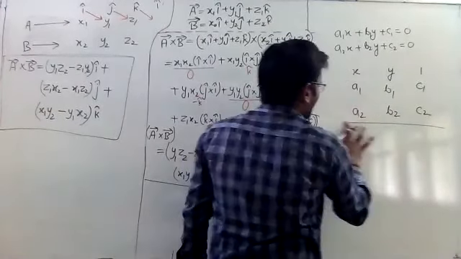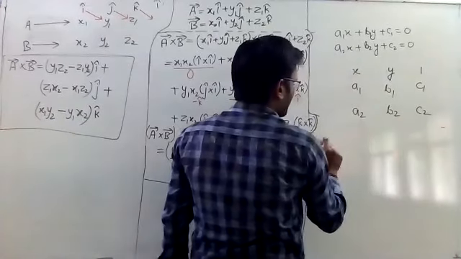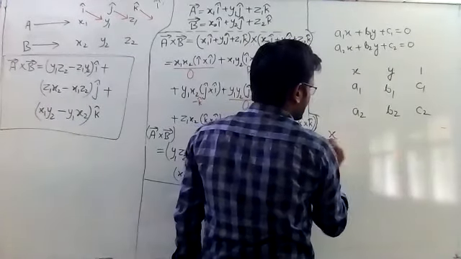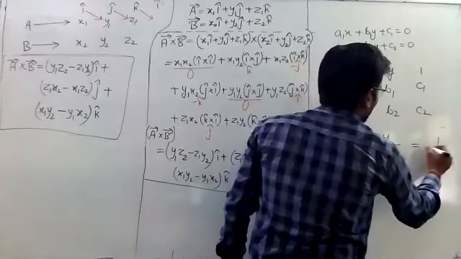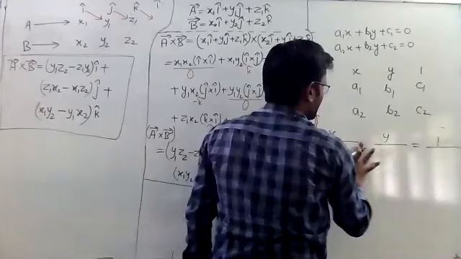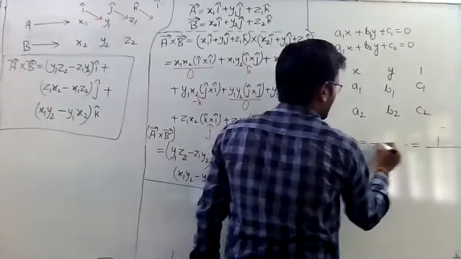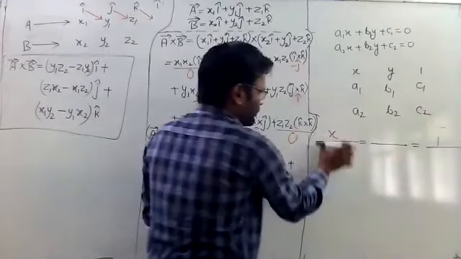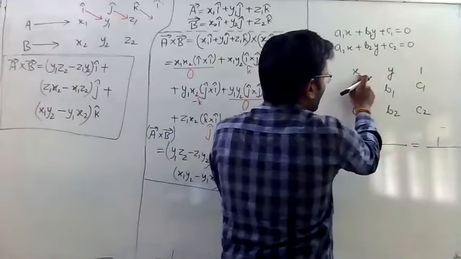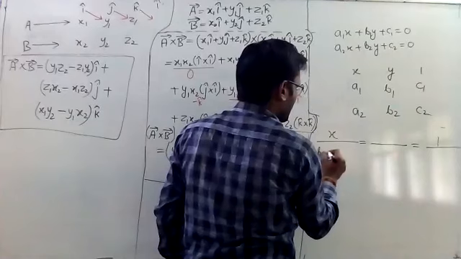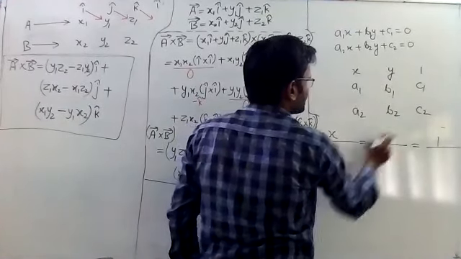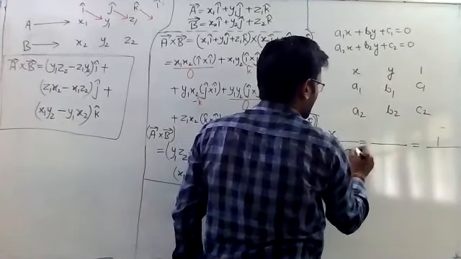From these coefficients, what did you obtain? You obtained an expression like this, in the cross multiplication method. Below x, what are you going to write? Below x, b1 c2 minus c1 b2.